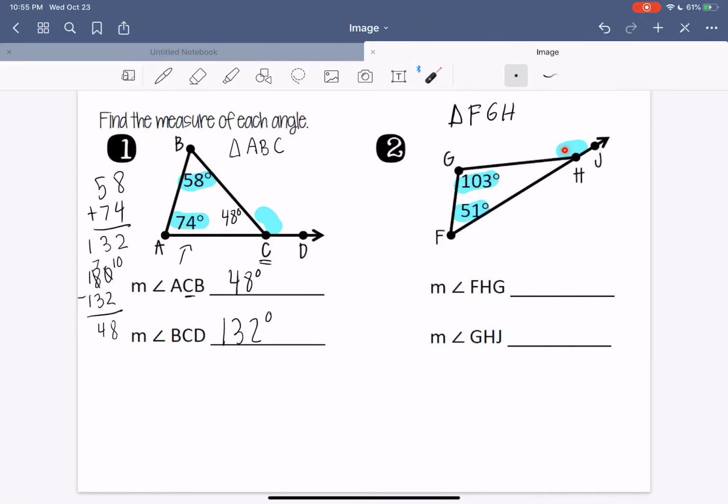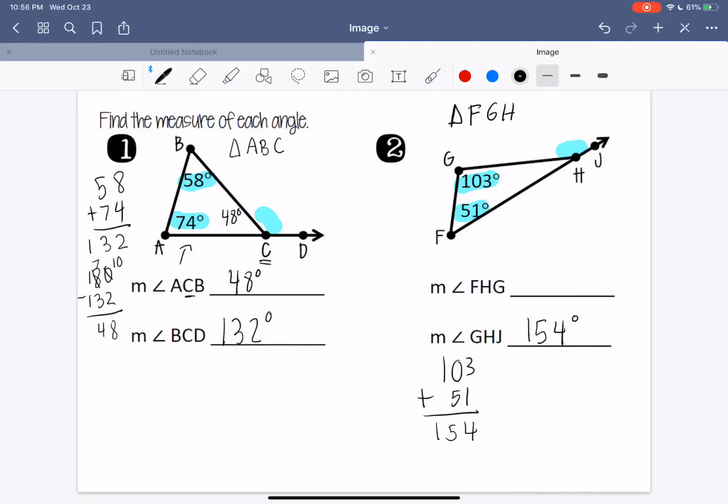So this sum right here is going to equal the sum of 103 and 51. So 103 plus 51 is going to equal 154 degrees. And I thought it was easier to find that one first.